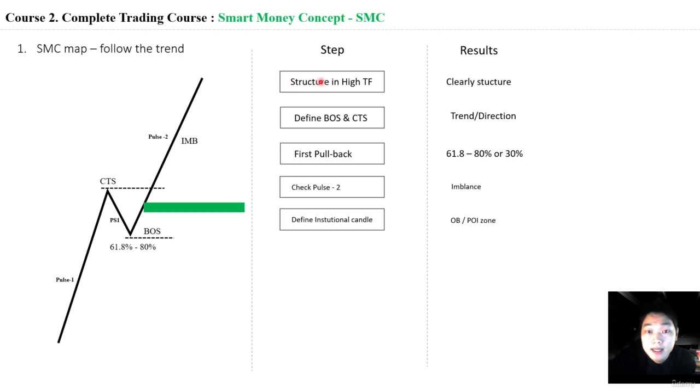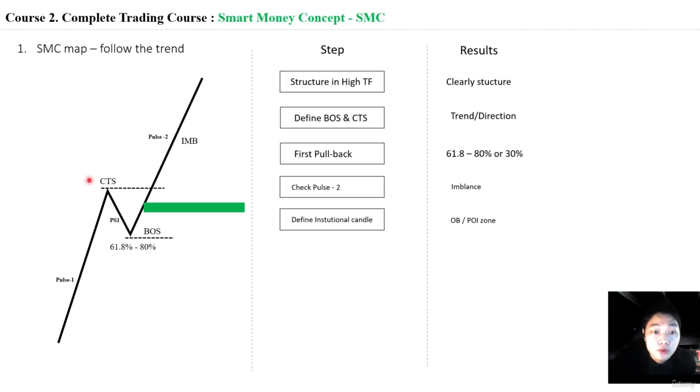After I analyze the structure of the market, what I want to have here is obviously the structure of the market. For example, on the left side is a higher high and higher low, very obviously an up movement. The second step you should analyze at this time is to define the BOS and the CTS.